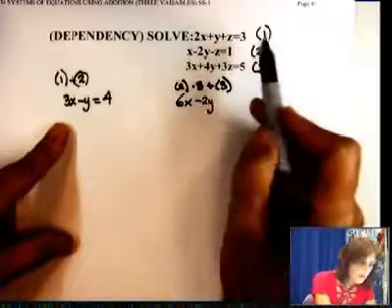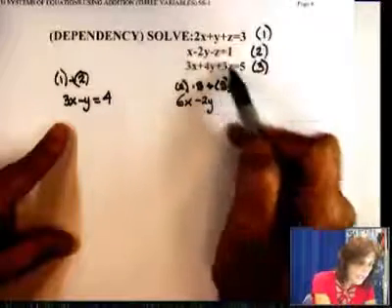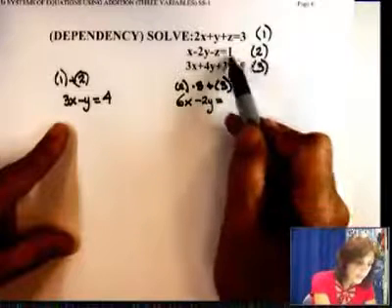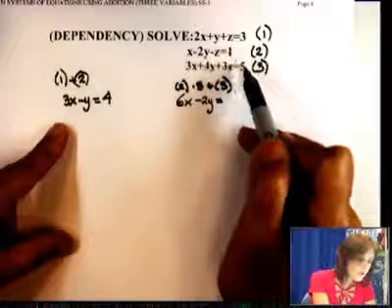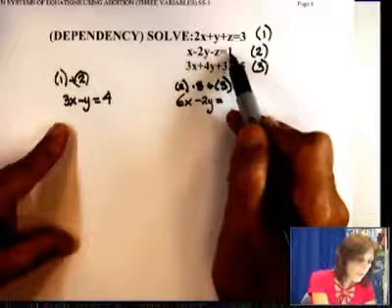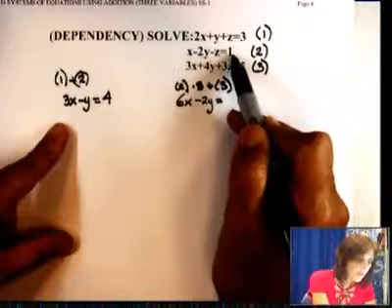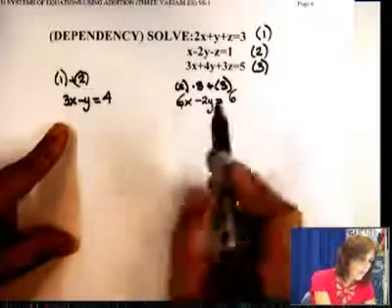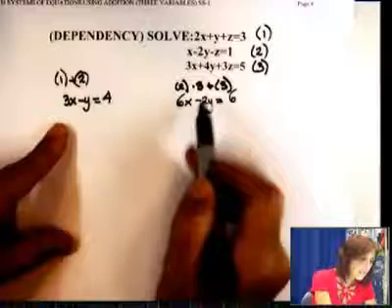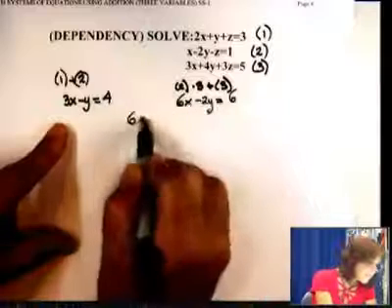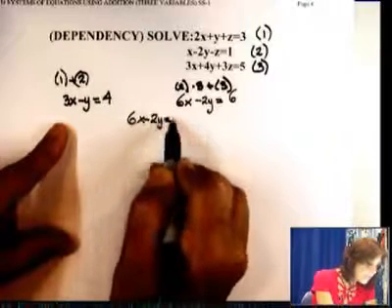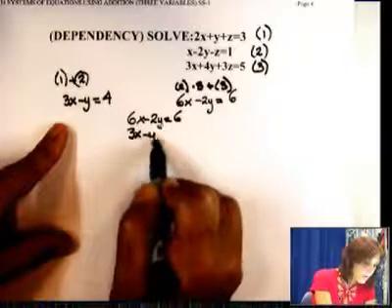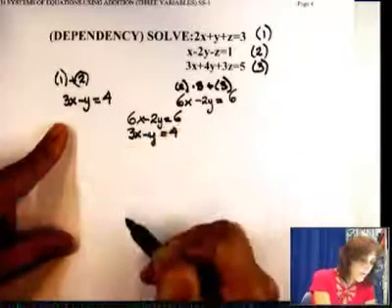And then I'm going to have these two disappear. You're going to end up with 2 times 2, that's 2. 3 times 1, that's 3 plus 3, that's 6. So what did I end up with? This one and this one. Let's put them underneath. 6x minus 2y equals 6. And this one, 3x minus y equals 4. All right?